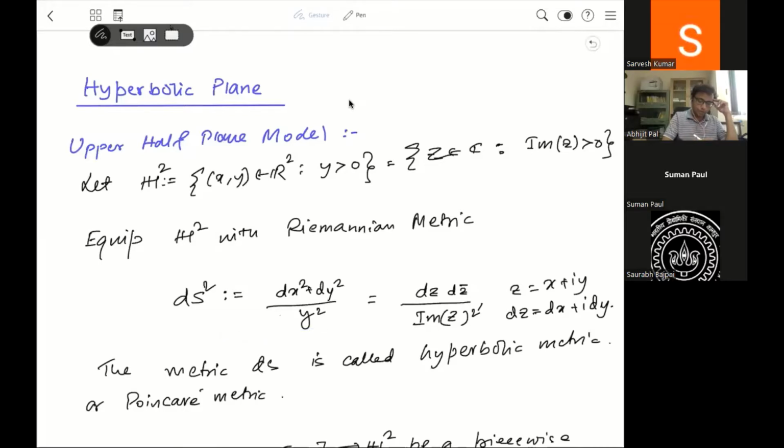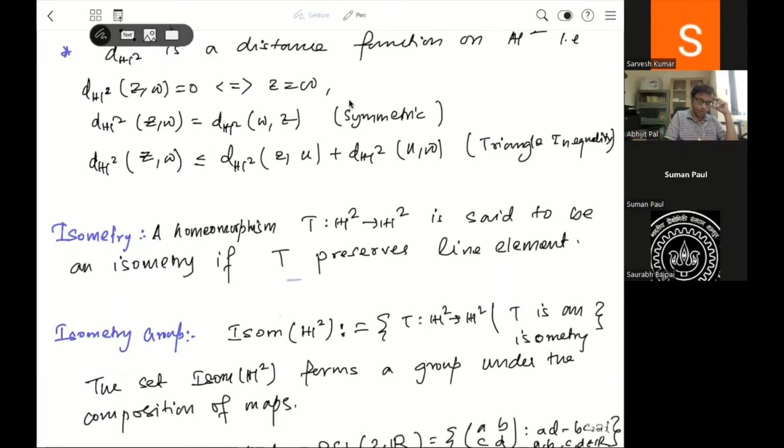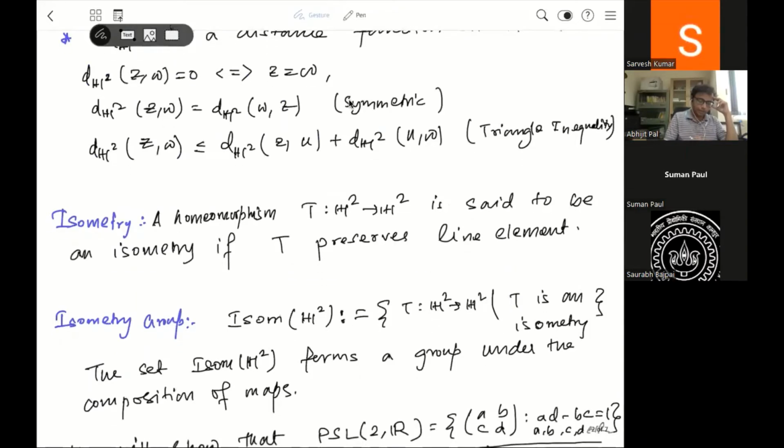Corresponding to this Riemannian metric we get an inner product, so T will preserve that inner product also. What do we mean by the isometry group of the upper half plane? You take the set of all isometries of the upper half plane. This forms a group under composition of maps.